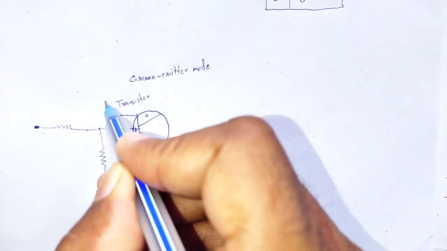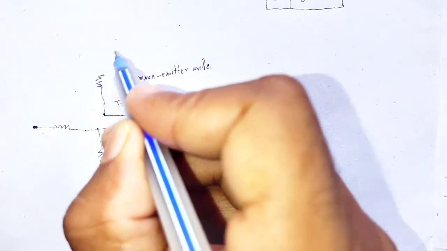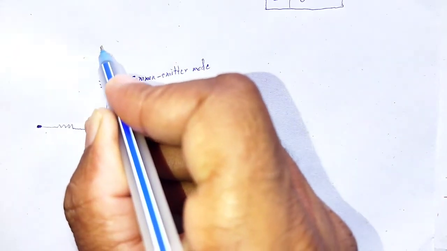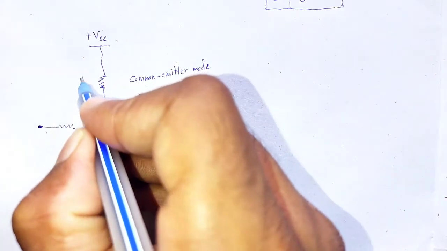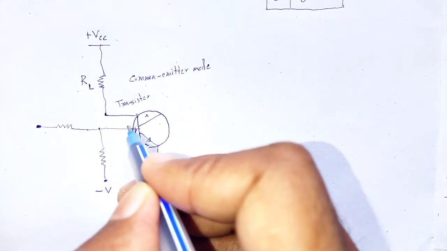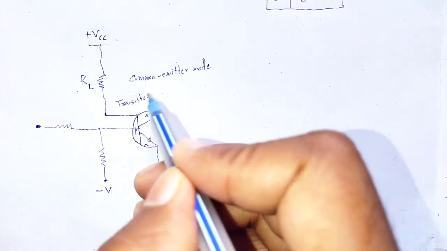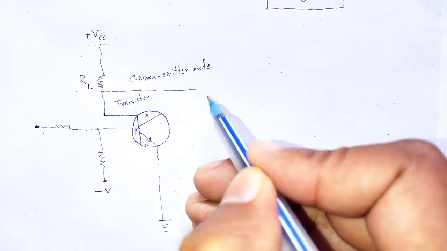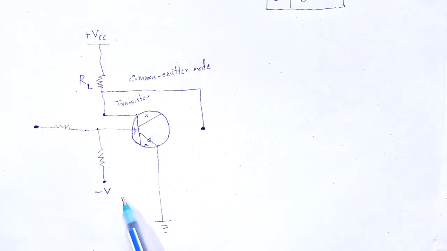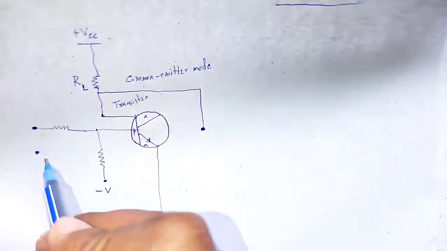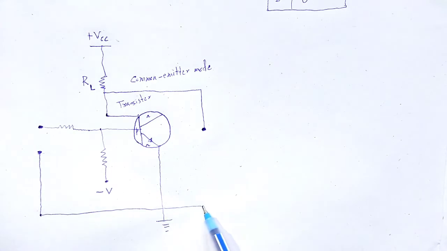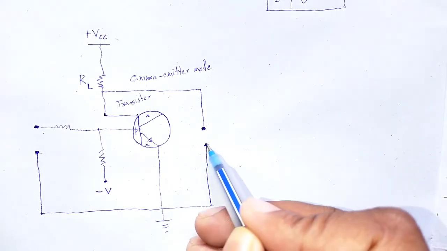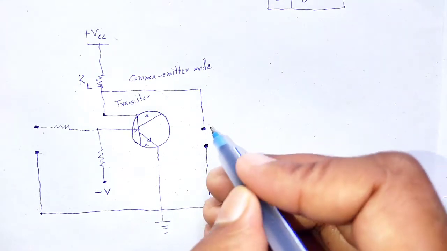Here VCC, load resistor RL, as the output.